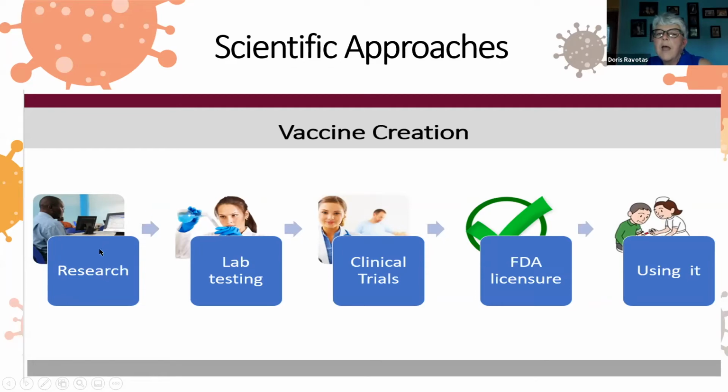But they're not understanding the research behind it, the lab testing, and then going through each of these individually and what goes into each step was important for people to understand that creation. And actually how much work went into this, how many people were actually in the clinical trials.